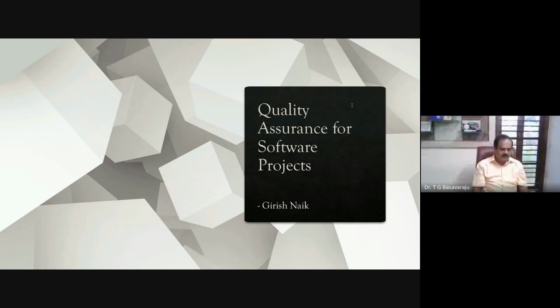He is heading the software quality assurance team in Wipro, and he's also a subject matter expert in CMMI, ISO standards, Six Sigma and Lean standards. I request you to please share your knowledge among all the staff members and students. Thank you very much once again. Over to you, sir.